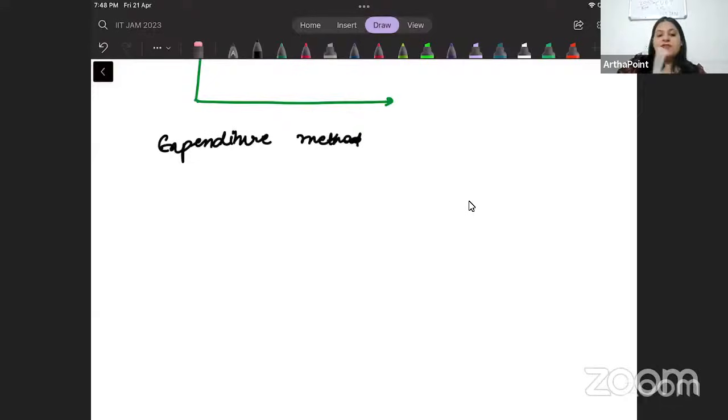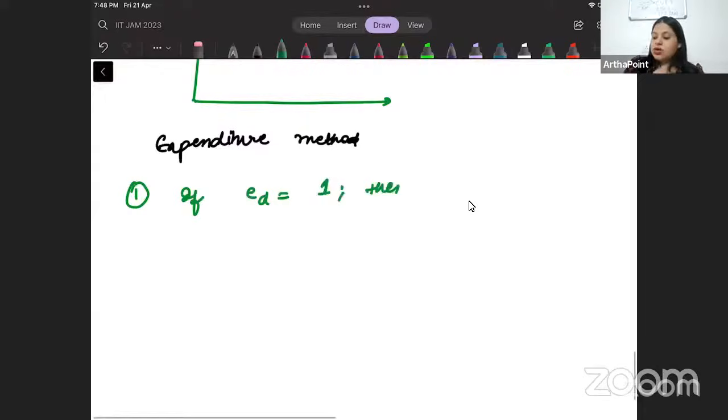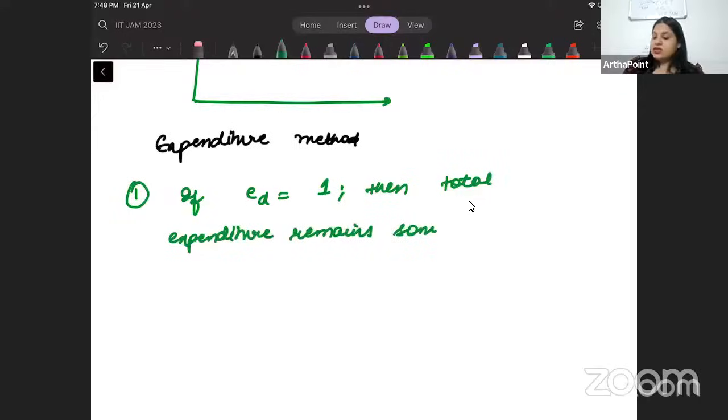The first thing: if you have elasticity of demand as 1, then total expenditure remains the same as price changes.